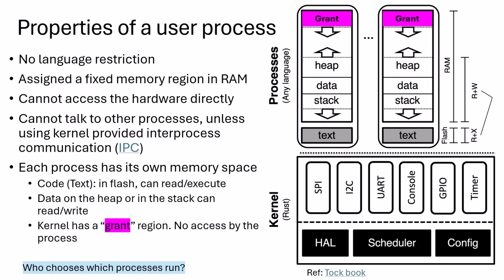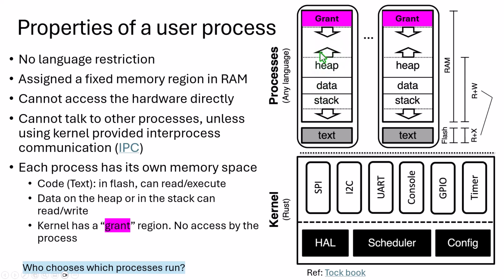Returning back to the process itself, there are some interesting properties of the user process. One, again, is that there's no language restriction. The processes can be written in whatever language, with whatever safety or not. The safety here is performed by the microcontroller hardware, in that the regions in memory for the process are fixed and maintained by a hardware memory controller.